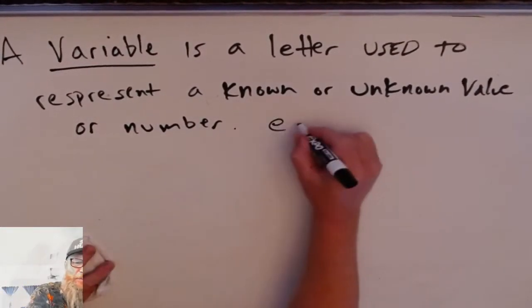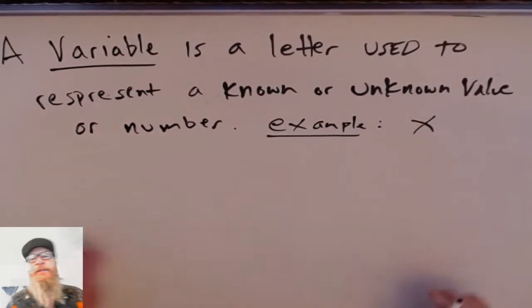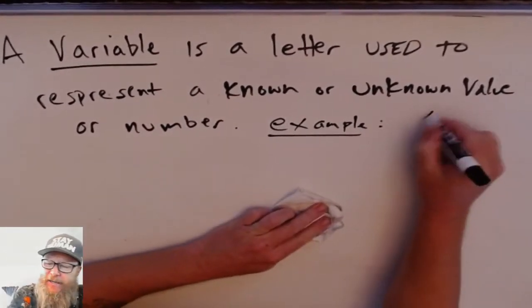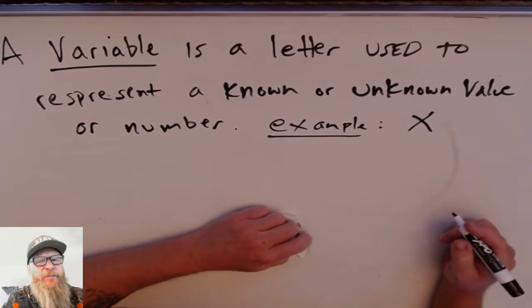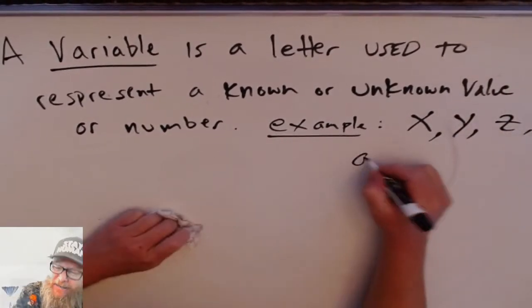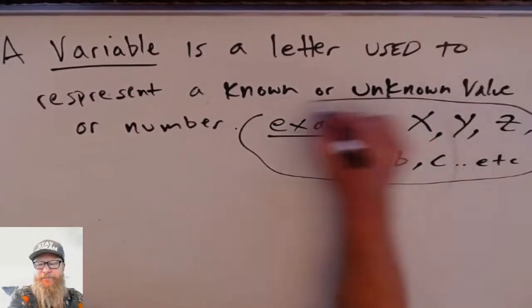For example, probably the most common, x. So we would not want to use x as multiplication in this lesson. We would want to use it as a variable. x, y, z, a, b, c, etc.